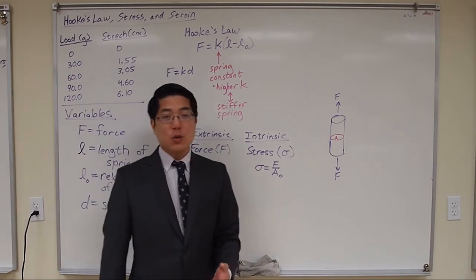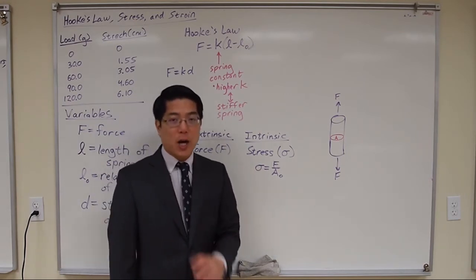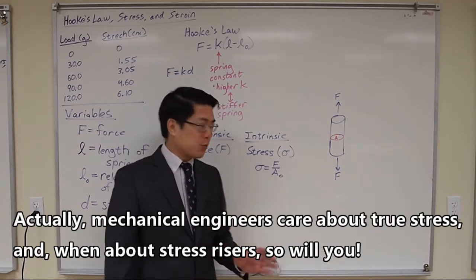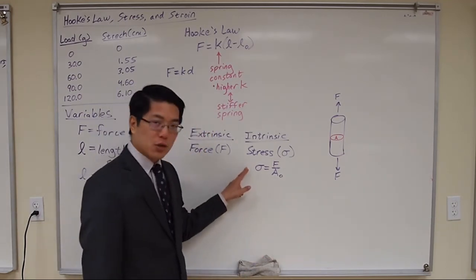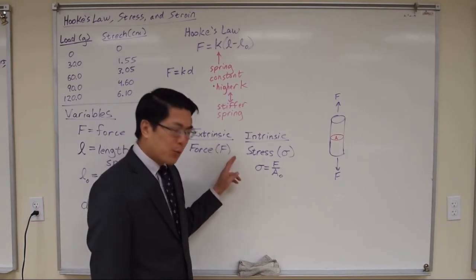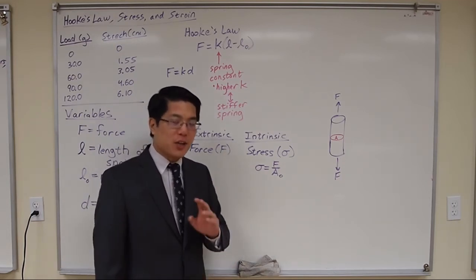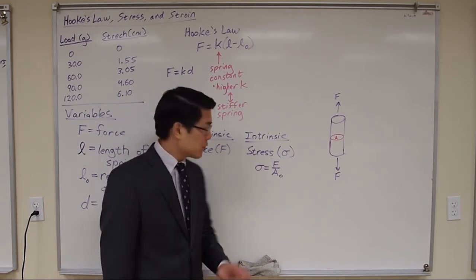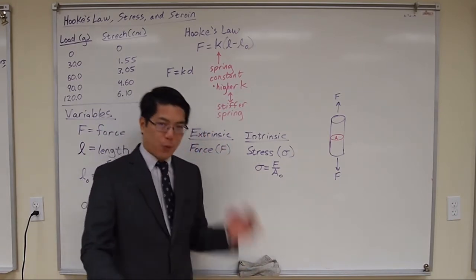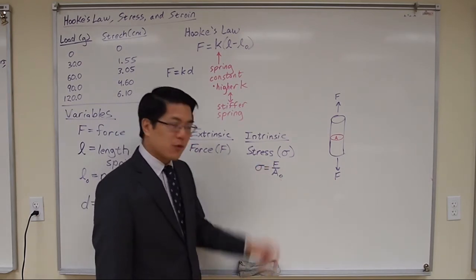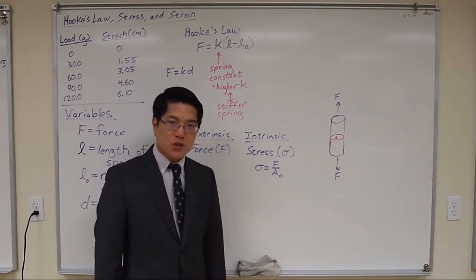In my experience, the only group that uses true stress are biomedical engineers. For the most part, mechanical and civil engineers are primarily interested in this definition of stress, which the formal term for it is called engineering stress, but usually it's just called stress. So, stress, formal title engineering stress, is equal to the applied force divided by the original cross-sectional area.